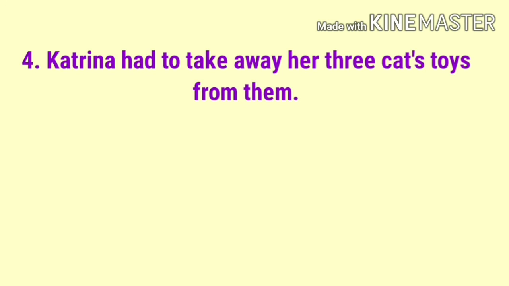Fourth one, Katrina had to take away her 3 cats' toys from them. Look at this sentence carefully, children. Here cat apostrophe s is considered singular, so we want to make it plural. We write cats, and after that we use an apostrophe. For plural nouns ending in s, we add only an apostrophe to show the possession.